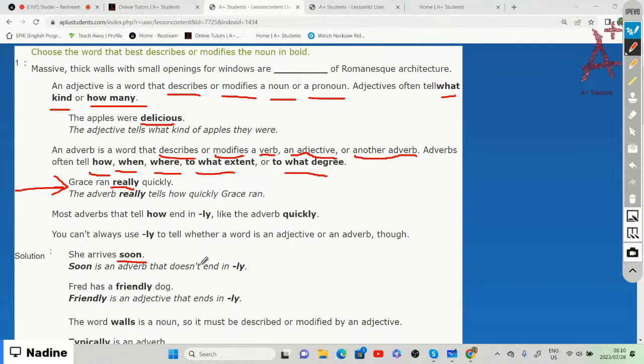It's not necessarily giving a specific time like Monday or Tuesday, but soon is an indication that she will be coming soon. So when? Soon. It is an adverb, but it does not end in ly. That is why we say most adverbs that tell us how usually end in ly. But soon here tells us when. When will she arrive? Soon.